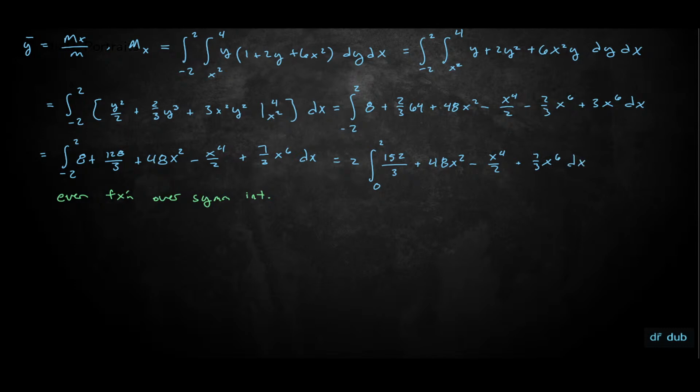And now integrating, we get 2 times 152 over 3 times x plus 16x cubed minus x to the 5th over 10 plus 1/3 x to the 7 from 0 to 2.